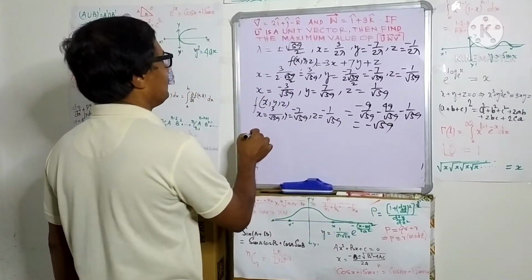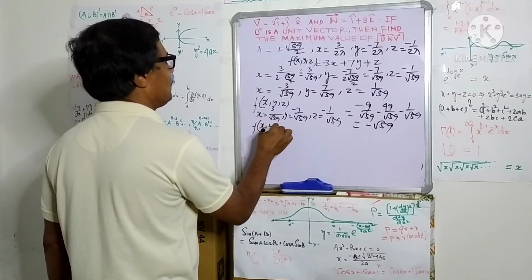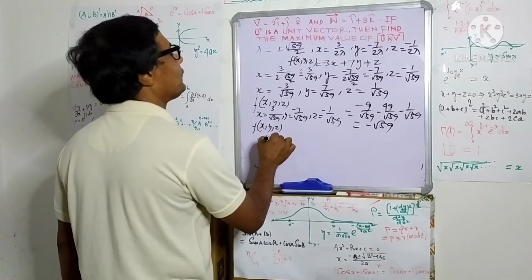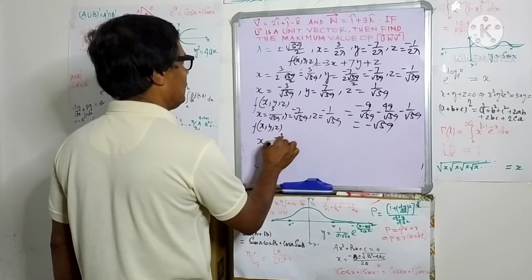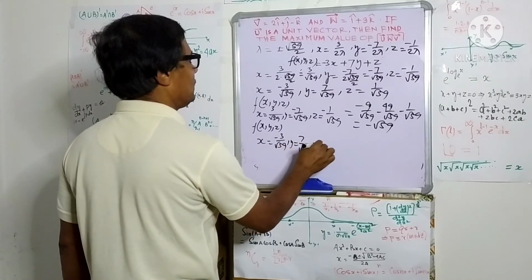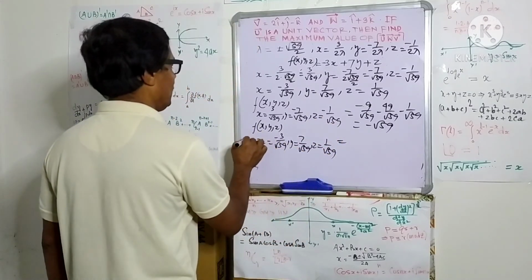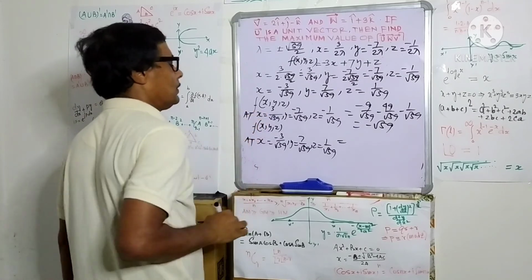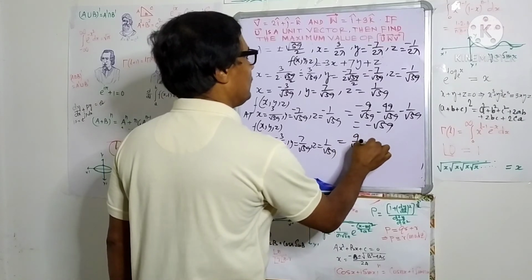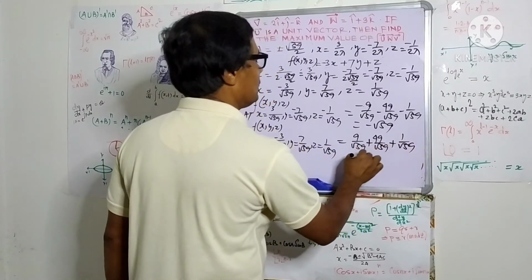And for the other set of values, f(x, y, z) at x = −3/root 59, y = 7/root 59, z = 1/root 59 equals 9/root 59 + 49/root 59 + 1/root 59, which is root 59.